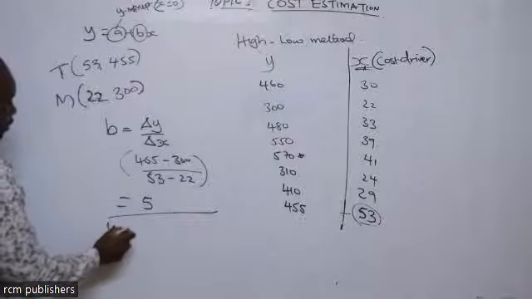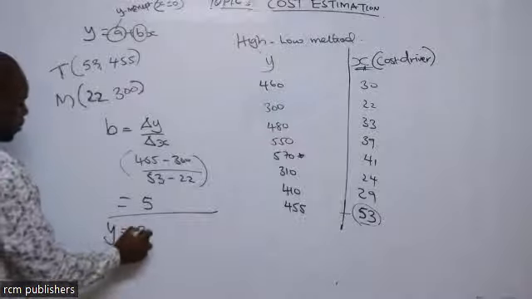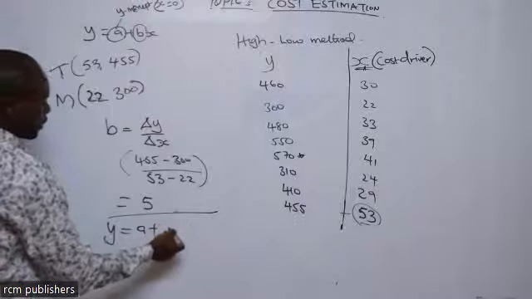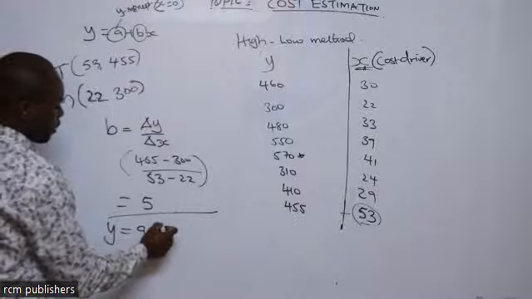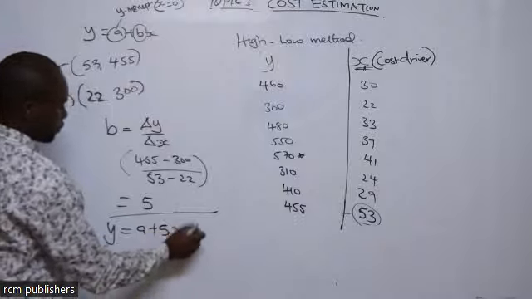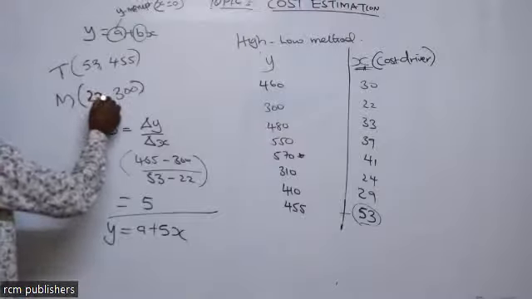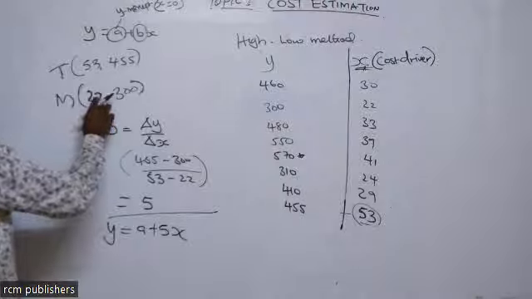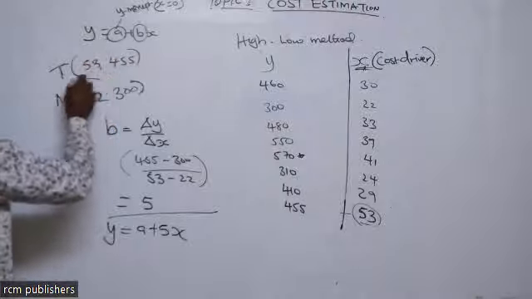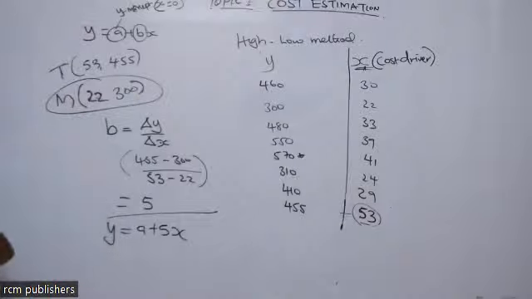Y is equal to a plus bx. B is 5, x. We take any pair, either this or this one here. So let's pick this one this time round.